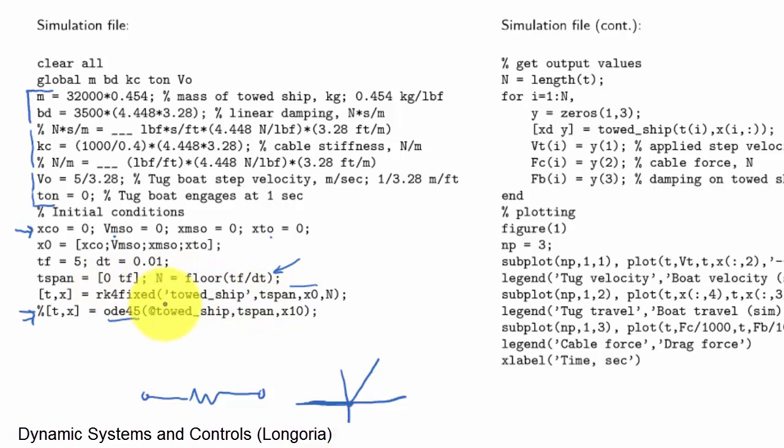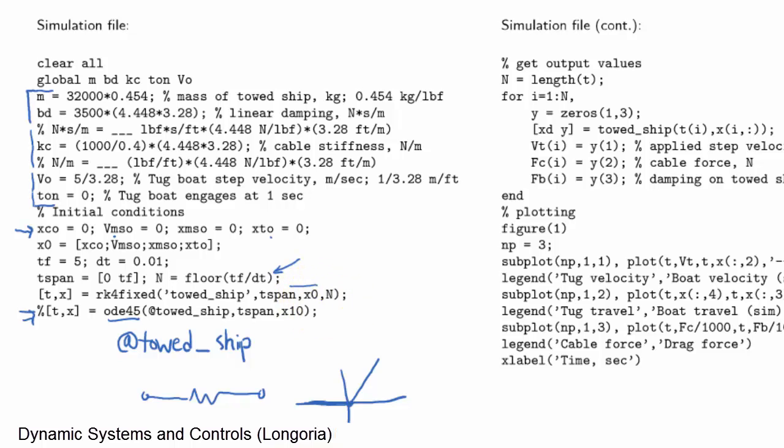It used to be you could put quotes around this. I should put the newer notation here, where the file is denoted by the @ symbol, toad ship. Either one works in RK4 fixed. In ODE 4.5, it expects you to use this @ symbol. There's your initial condition vector and number of time steps.